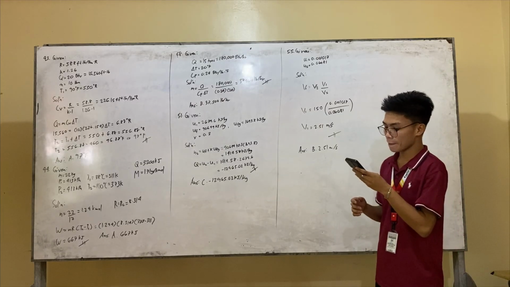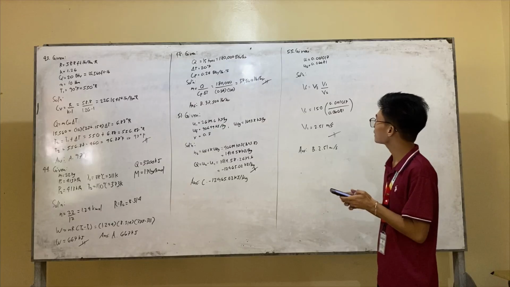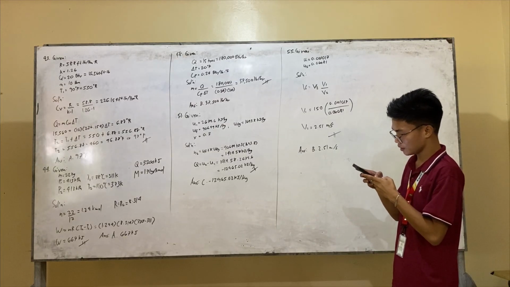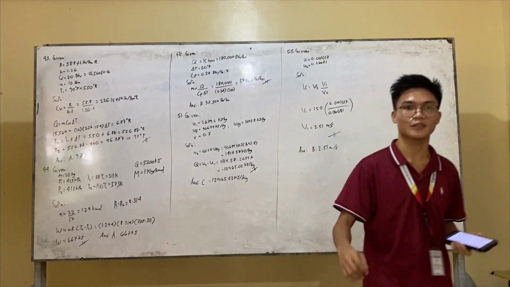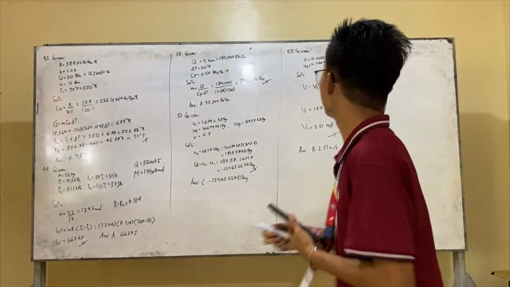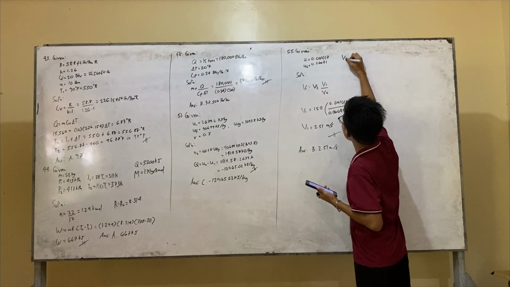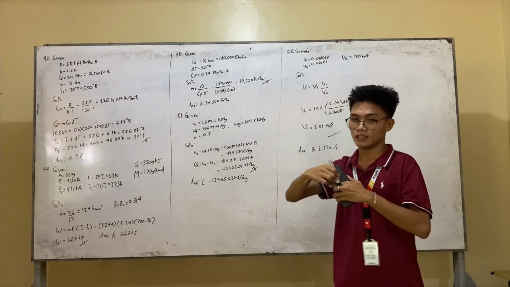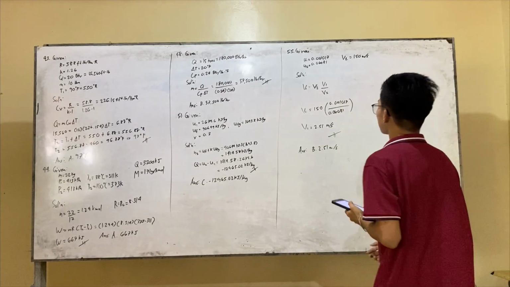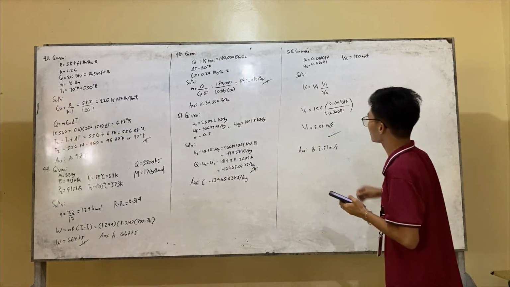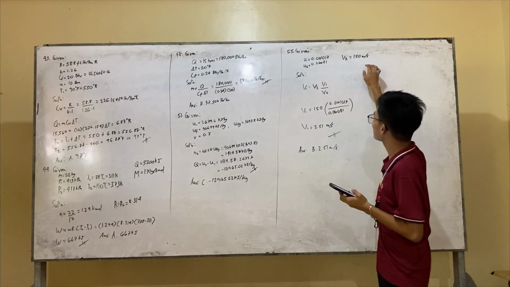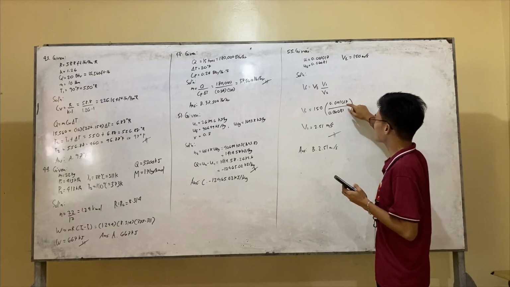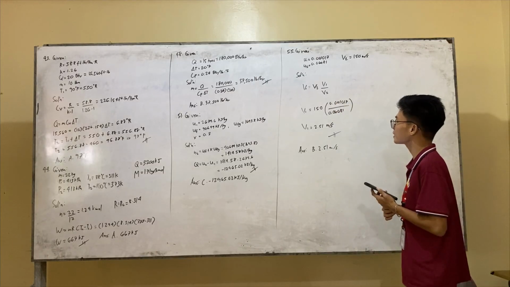So just substitute. Our V2 is 150 meter per second, our v1 is 0.001017, and our v2 is 0.06081.